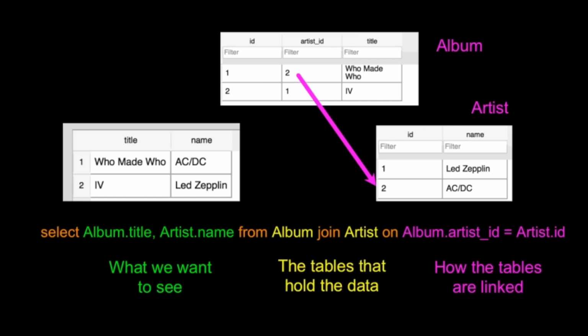We already have an album table and an artist table, and the foreign key, and we want to pull data from both the album and the artist, the album title and the artist name, and we want to show that. And so we're going to say select, which is the same select statement. Here's a little different syntax. This is the list of fields. This is table.field, so it's album.title and artist.name, comma there, from album.